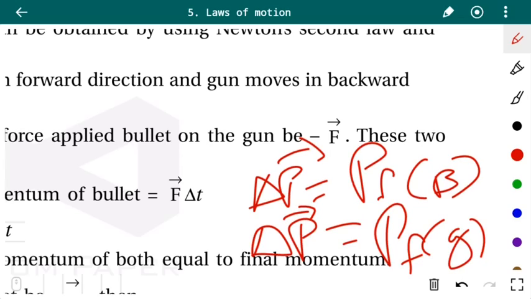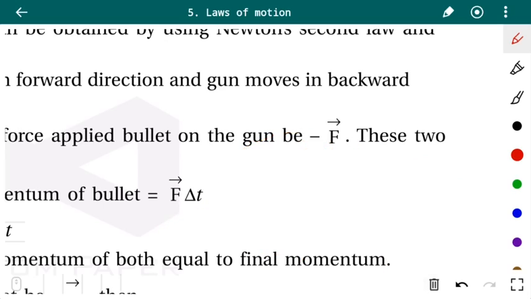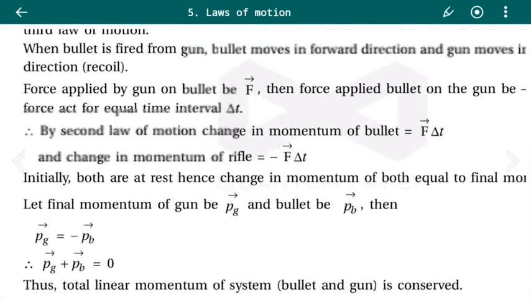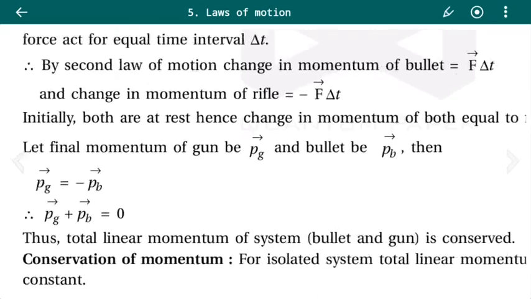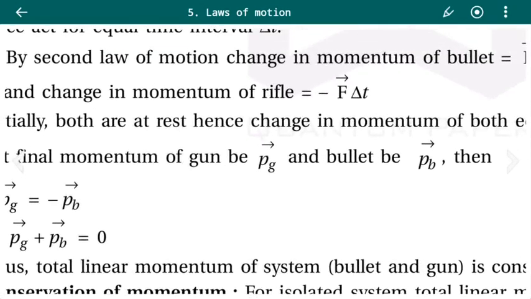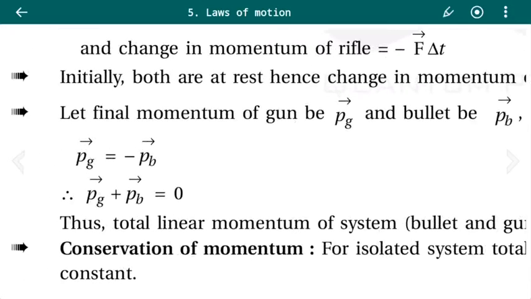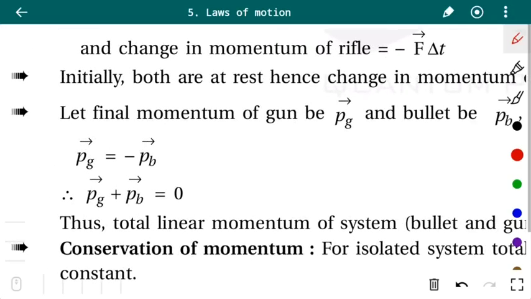Here we can write that in terms of F delta t, because we know that delta P equals F delta t. So the change in momentum equals the final momentum that we have already seen. The final momentum of the gun, let us denote it by Pg, and the momentum of the bullet is denoted by Pb.